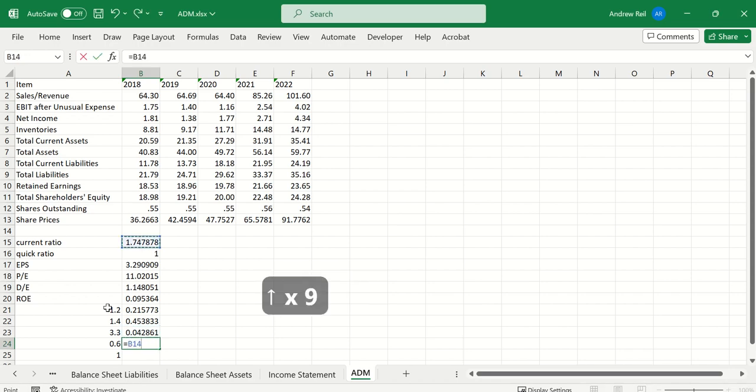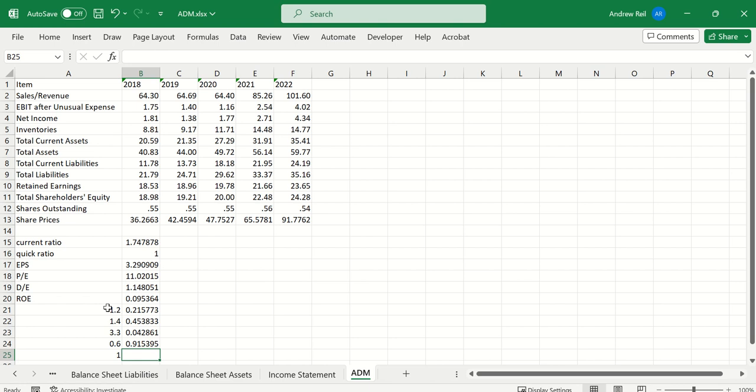And the next one is outstanding shares times share price divided by total liabilities. So outstanding shares. And because I'm not subtracting or adding, I don't have to use brackets. Mathematically, that's true. So multiplied by the share price divided by the total liabilities.